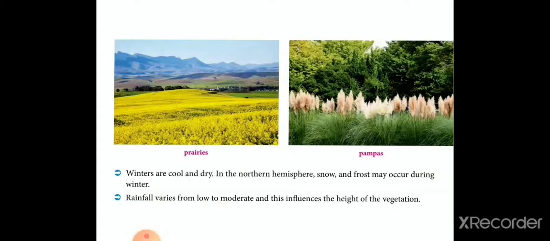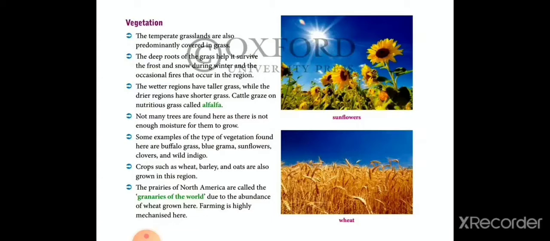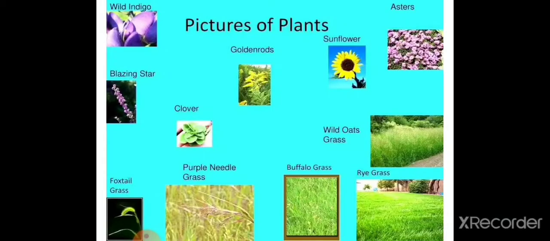Now let us look at the vegetation of the temperate grasslands. They are predominantly covered in the grasses. Large varieties of plants grow here. The deep roots of the grass help it to survive the frost and the snow during the winter and occasional fires that occur in this region.